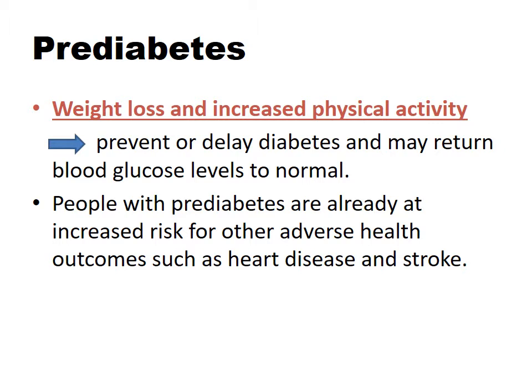Weight loss and increased physical activity will prevent or delay diabetes and may cause the blood glucose level to return to normal. Pre-diabetics are also at an increased risk of developing adverse health outcomes such as heart disease and stroke.